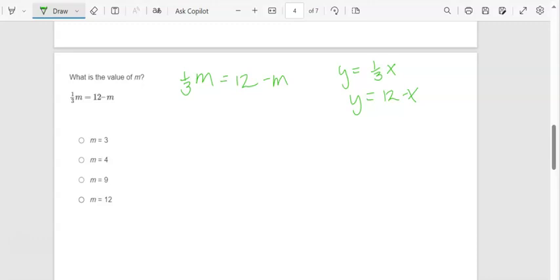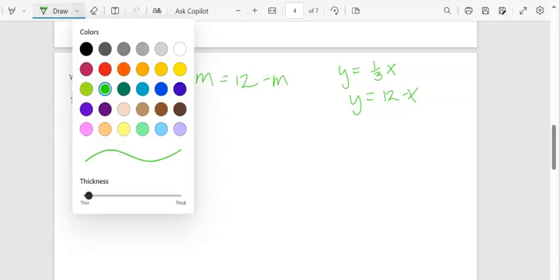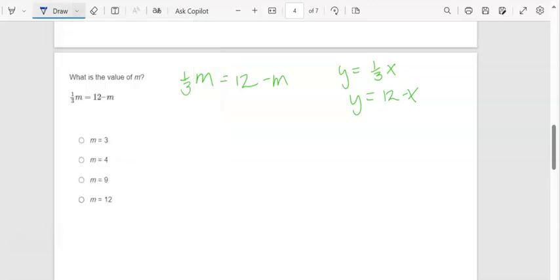Okay, I'm going to show you a way that you can do this algebraically. Like if I was teaching algebra, this is how I would do it. You can actually multiply both sides by 3. Remember, what you do to one side, you have to do the other to balance it.